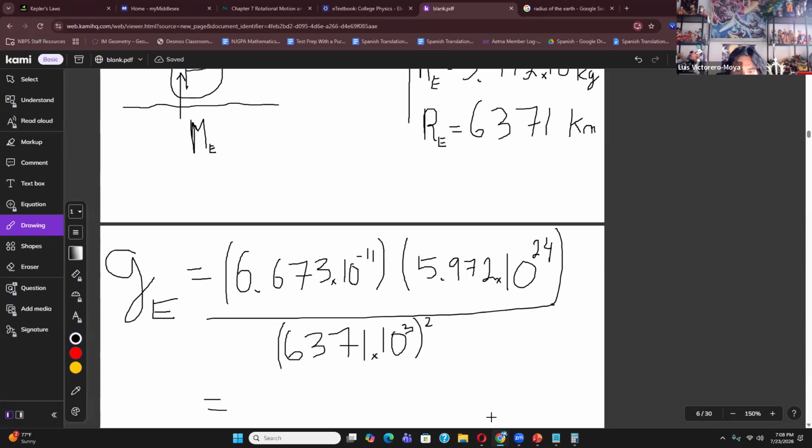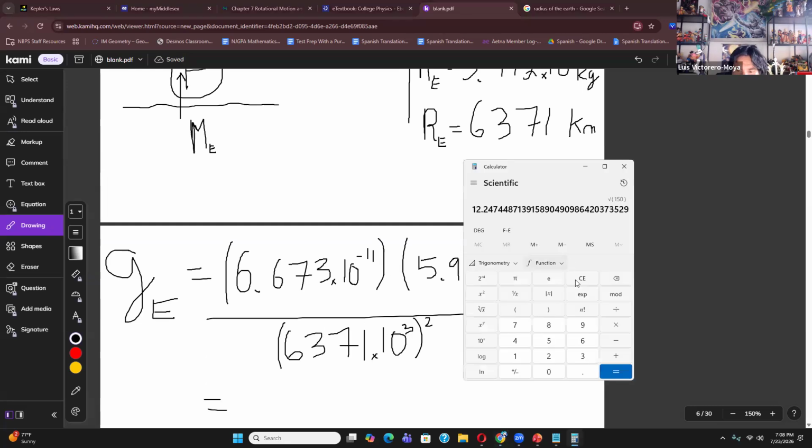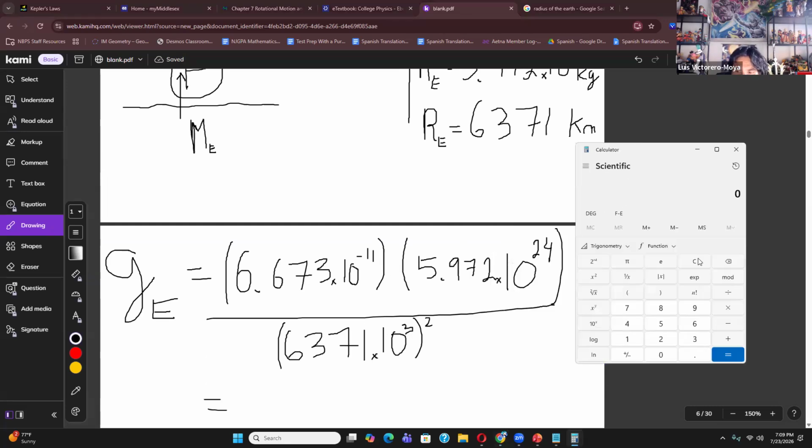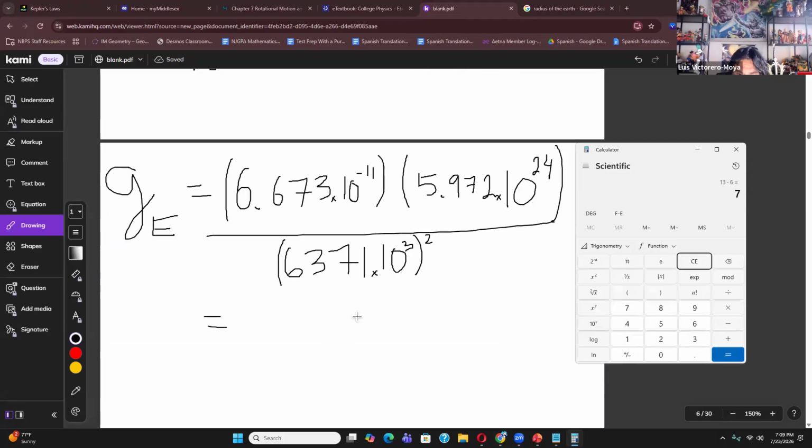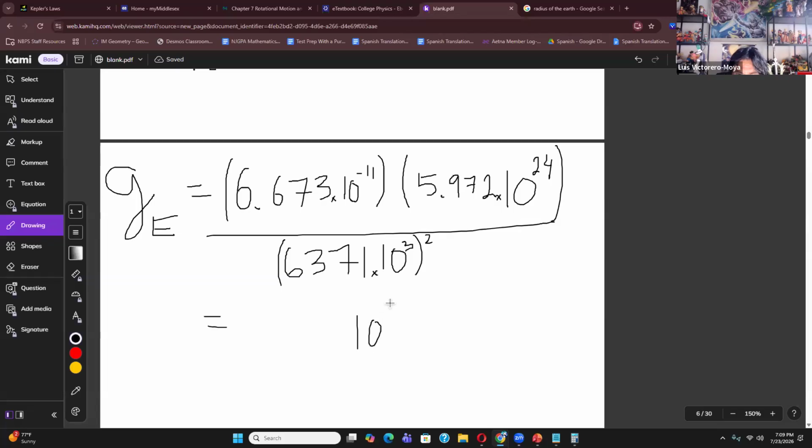Okay. You have to be careful with the calculator. The way I do this is 24 minus 11, the exponents, minus 10 to the 6 here. So 10 to the 7. I here have this times this divided by this.